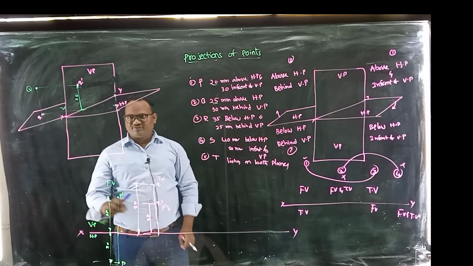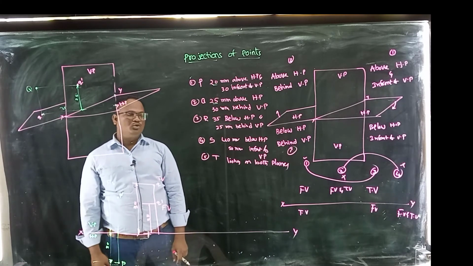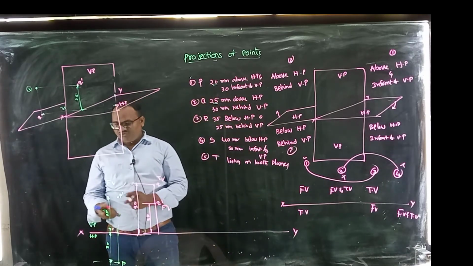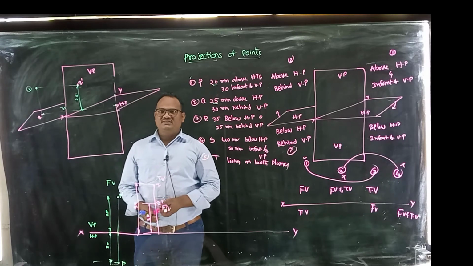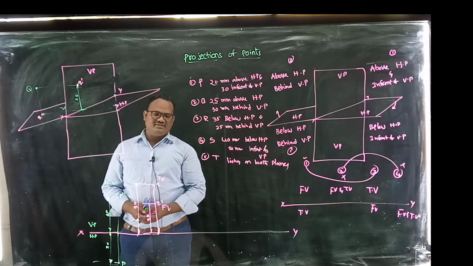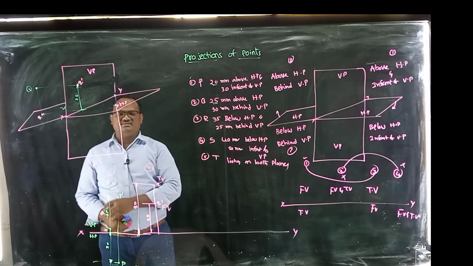So in the first condition, front view we got above, top view we got below. If it is second angle projection, both front view and top view we have to get above the reference line only. So that condition is also satisfied here. So this is the second one. So this is the first one's answer.